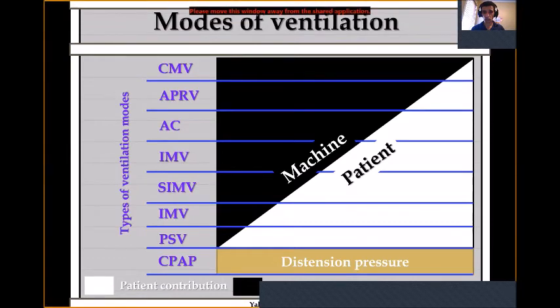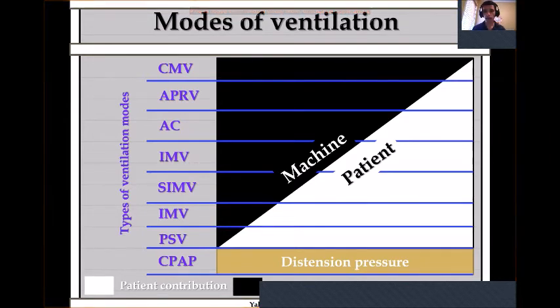So the next will be assisted control. Assisted control, from its name, provides a control rate by the machine and it assists the patient. So: CPAP, PSV, IMV, SIMV, assisted control.